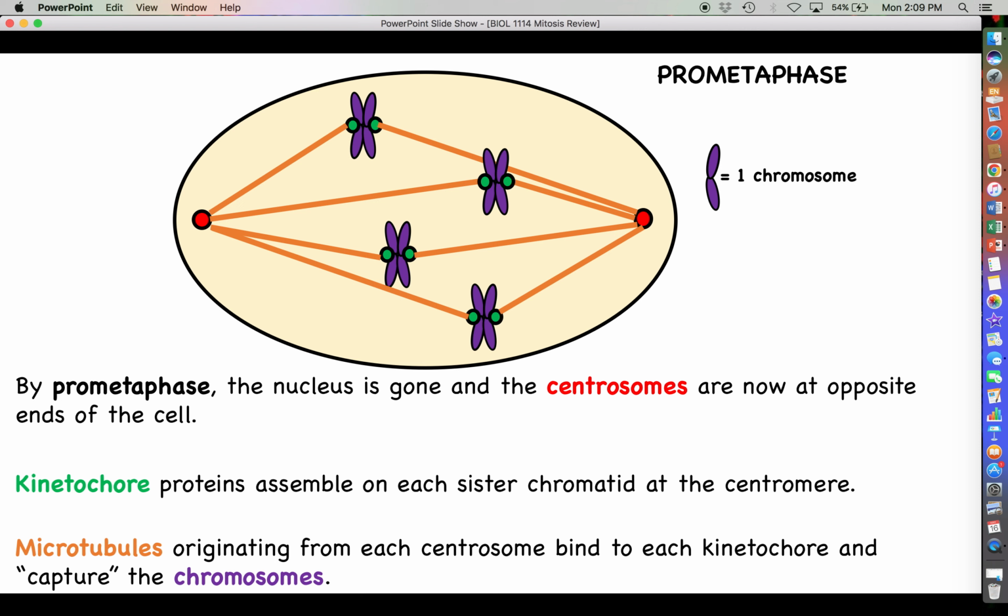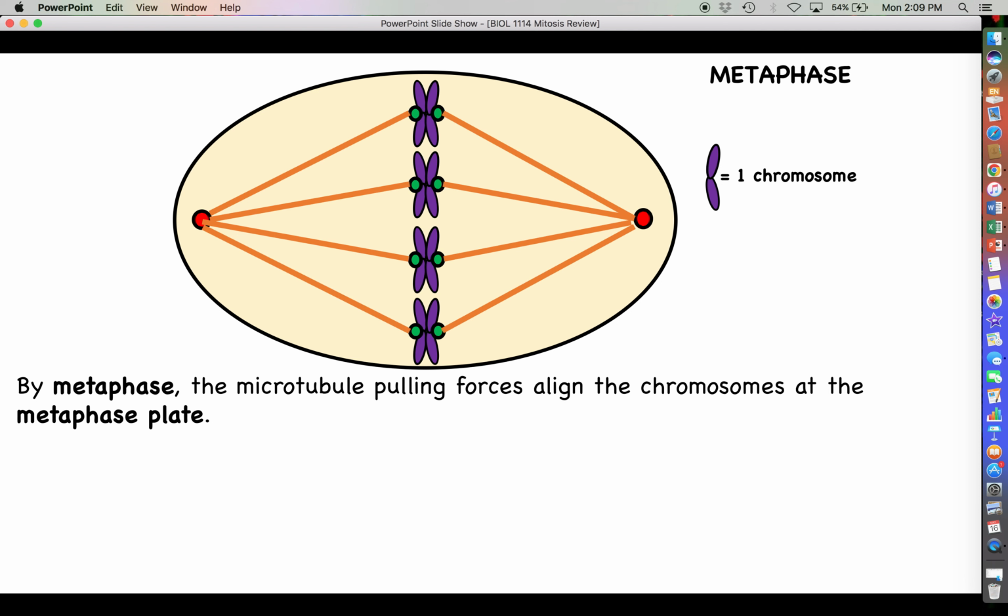So each pair of sister chromatids is going to be pulled from either side. And the goal here is that we want the pulling forces from either side to be equal, so that we line up the chromosomes all exactly down the equator of the cell, like what you see here. This equator is called the metaphase plate.